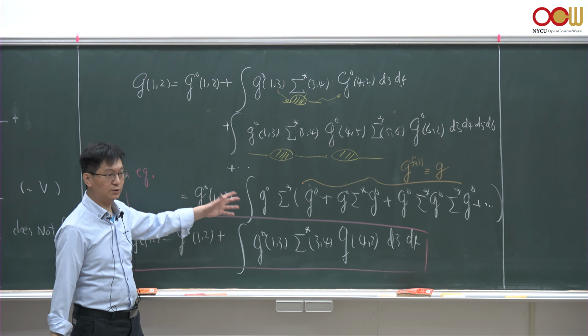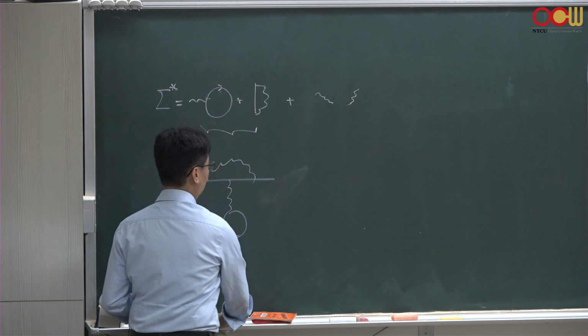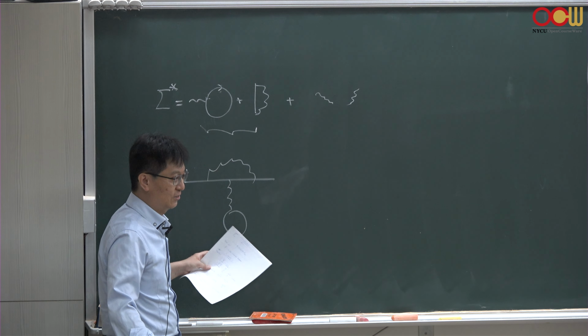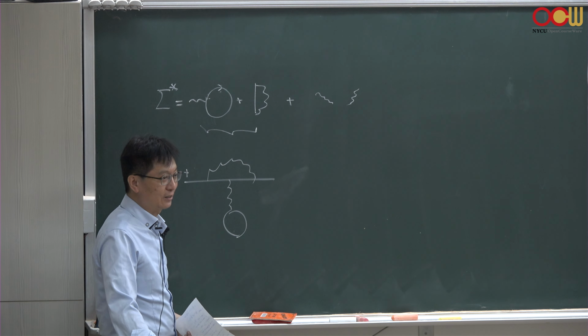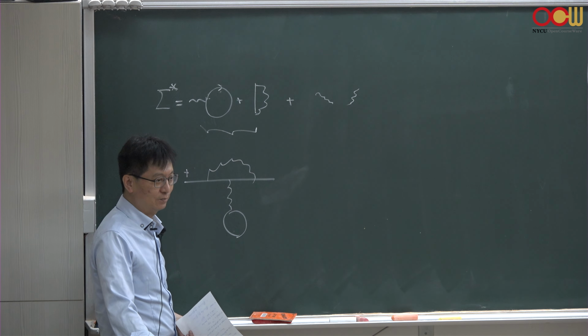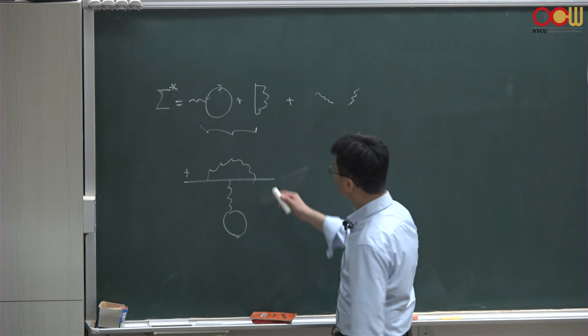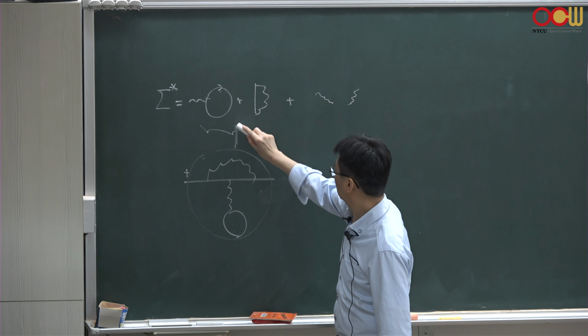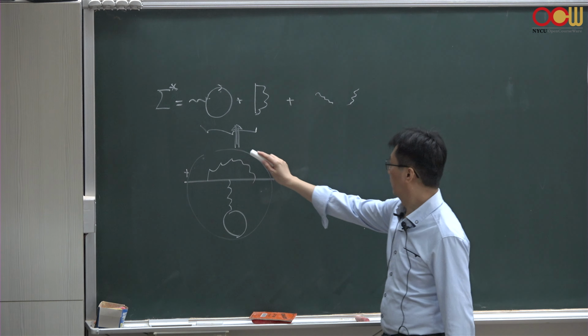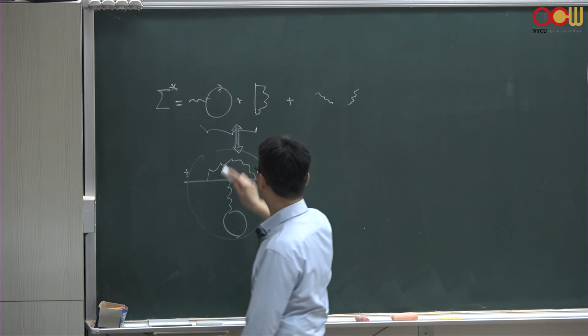Of course, you could add this diagram to your sigma star, and the best way to check whether it makes any difference is to simply go ahead and include it and see what happens. You could compare the results coming from this second order diagram with the first order diagram and see which one dominates.